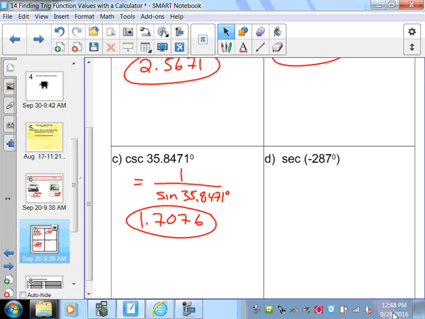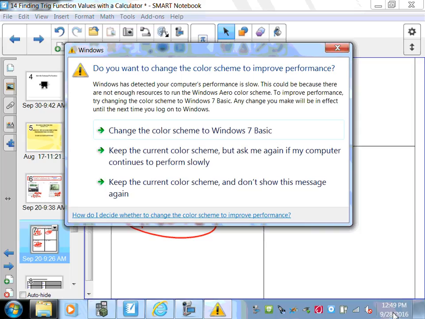For the rest of us that have this one, I'm pretty sure it's 1 divided by the number. So 35.847, 1, sine, and then equals. There it is.